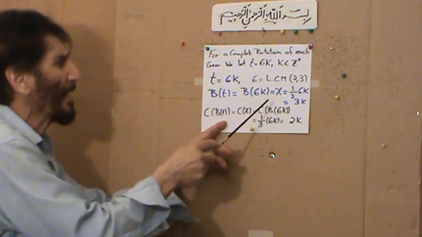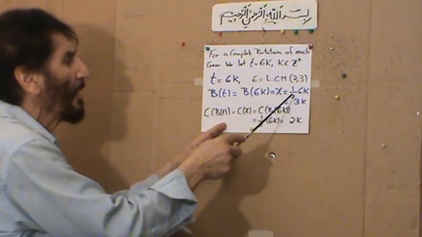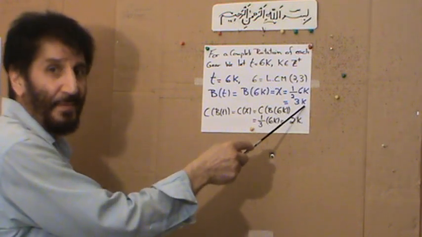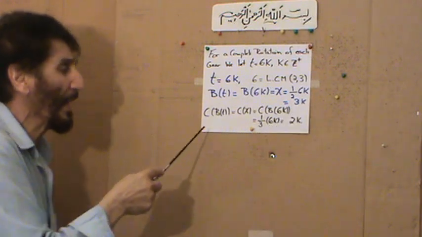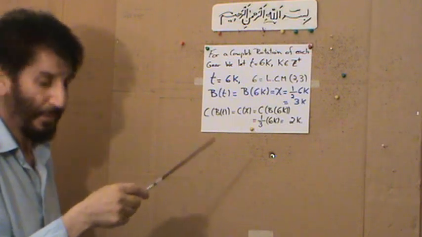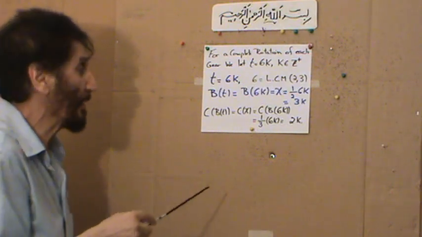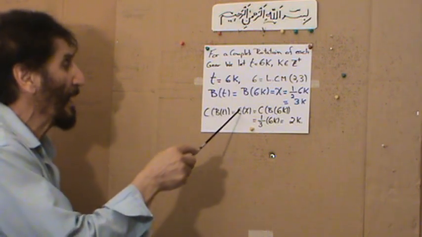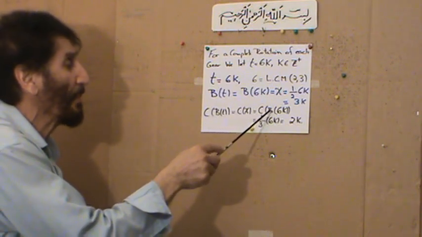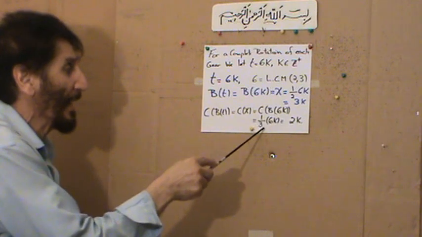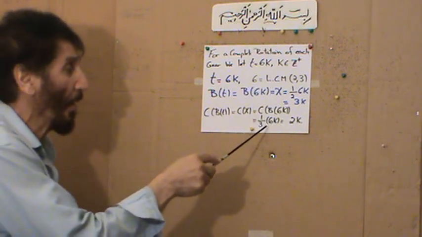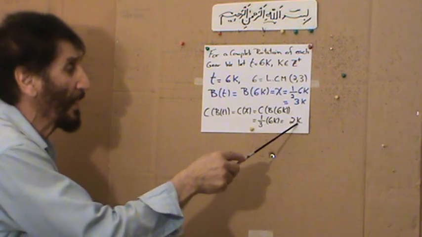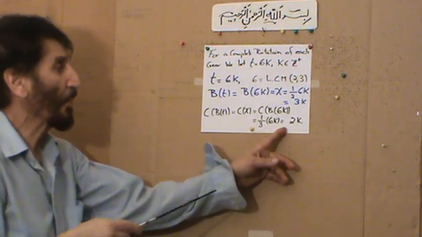When I simplify, x ends up being 3k. Do you follow? And the same is true with the larger one of the 3 gears. c is a function of b, so c of x will be c of b of 6k. Again, when you make the arithmetic simplification, 6 and 3 goes to 2, it is 2k. Now you can see that for yourself.